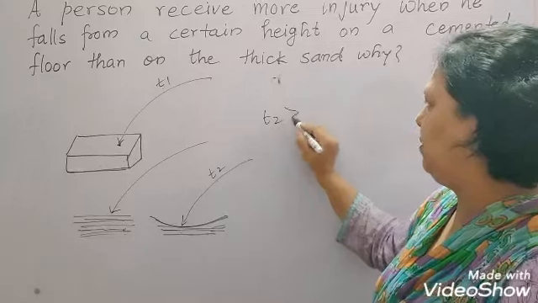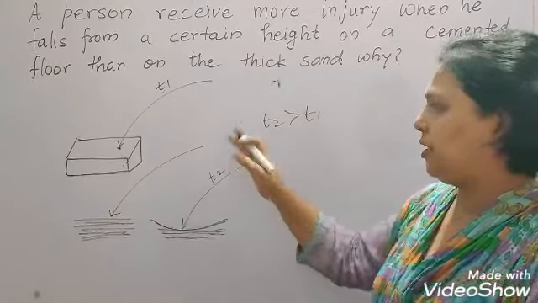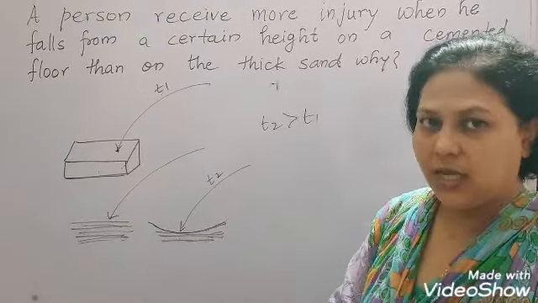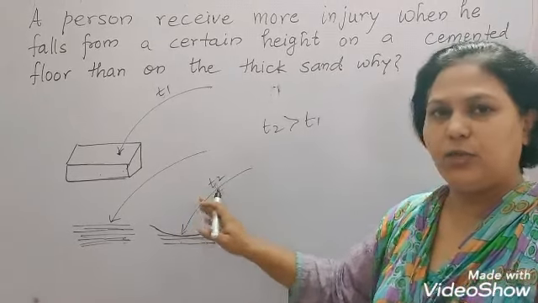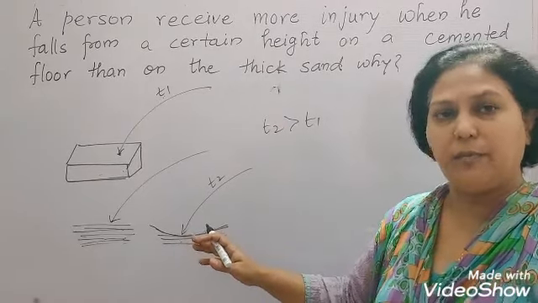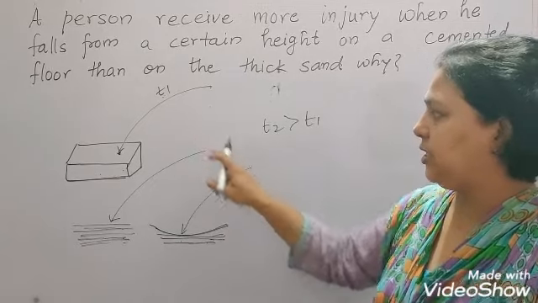Obviously, the rest of the things are equal: the mass of the person is the same in both cases, and the initial velocity and the final velocity are also the same in both cases. So what is varying here? The variation is in the time.